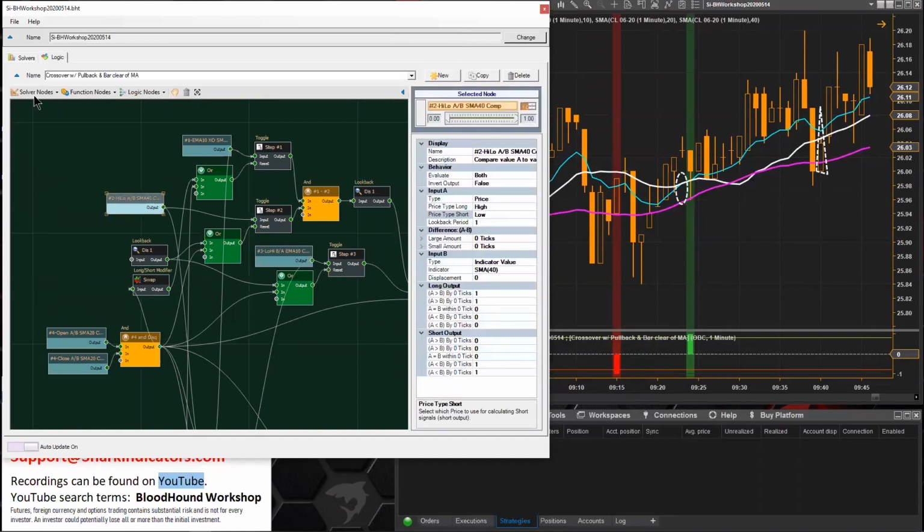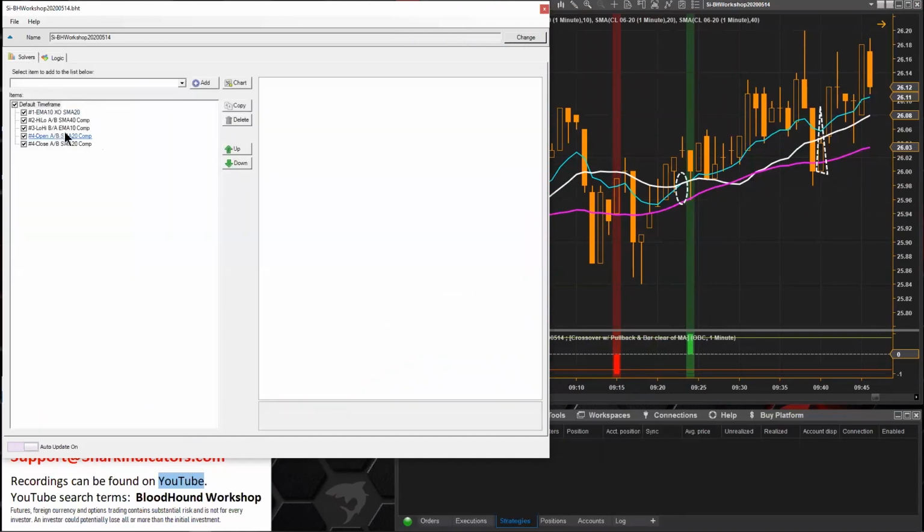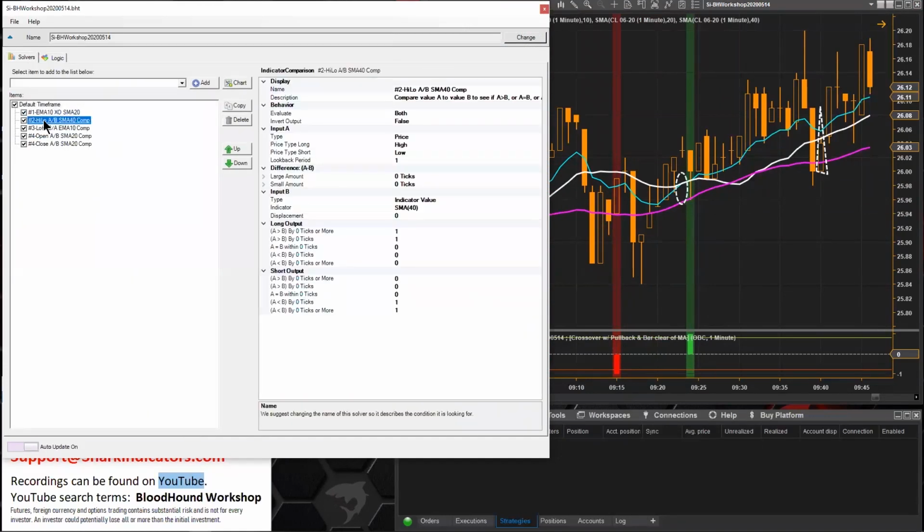So let me go to the solvers tab. I'm going to grab number 2, make a copy of it, and for long, reverse these prices.